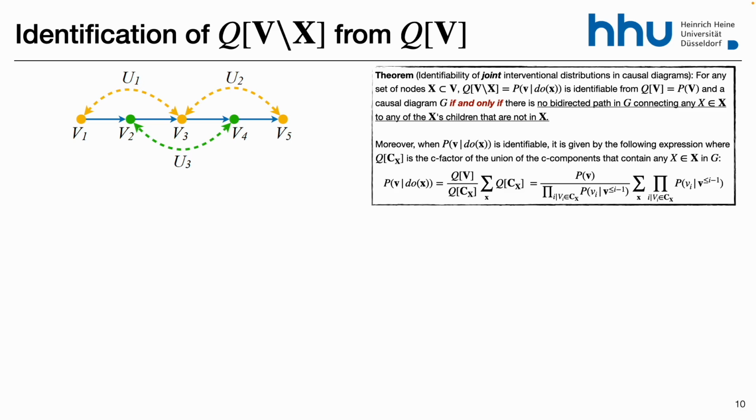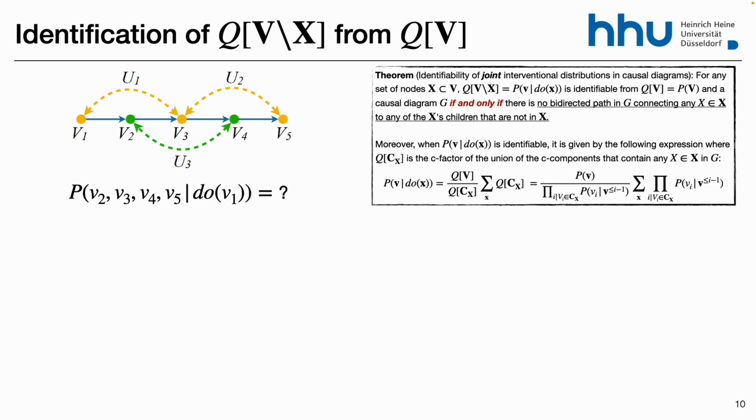So that's the graph from our previous lecture, and I ask you if this is identifiable or not. It's not. Who said that? You? I said it. What's the C component? Okay, what's the bidirected path? Now, first of all, which condition are you checking?